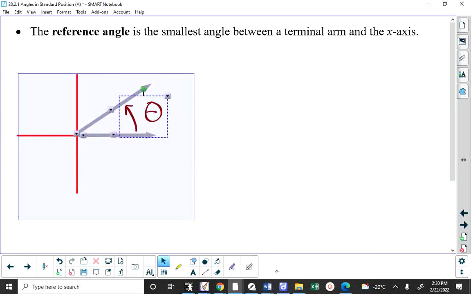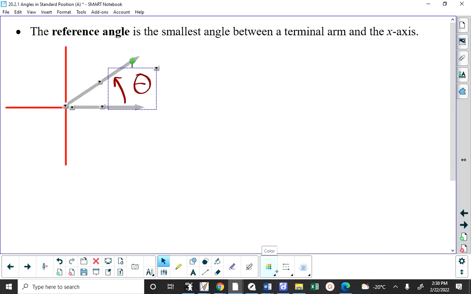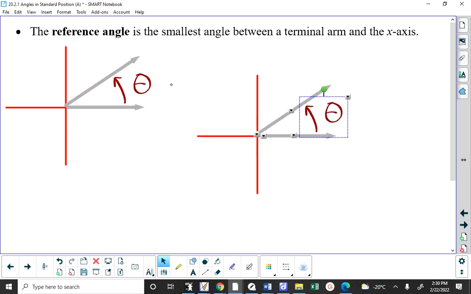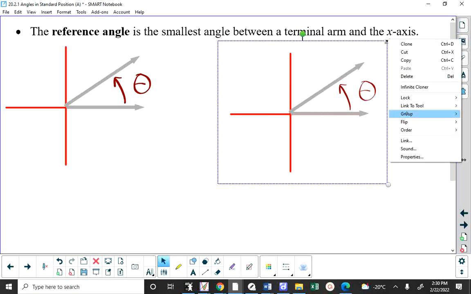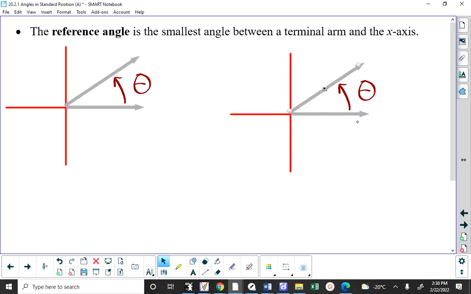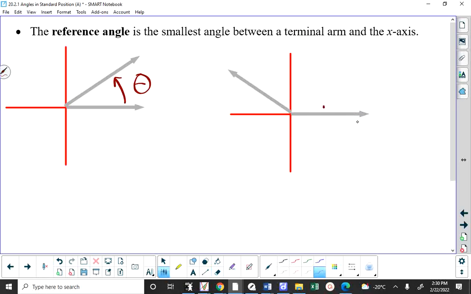If, on the other hand, I decided to rotate that further over to here, then this is the rotation angle. Still with me? I want you to notice that the rotation angles have a direction. There's an arrow on the end of that arc.